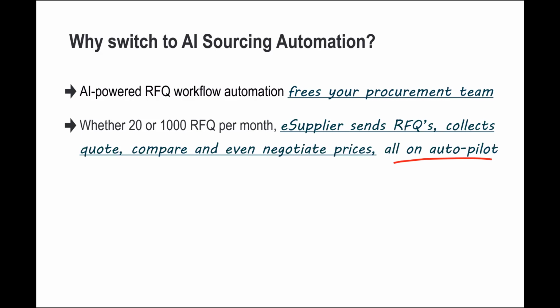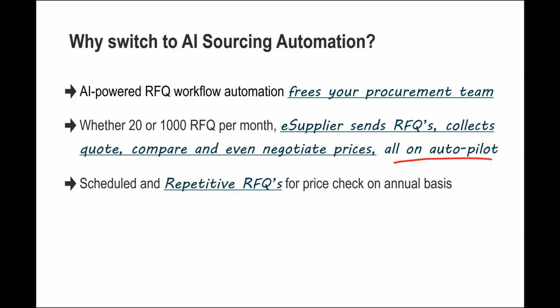Whether 20 RFQs a month or 100 RFQs a month, eSupplier software sends RFQs, collects quotes, compares, and even negotiates prices on behalf of the buyer. And the beautiful thing is it's all on autopilot. So you create the RFQ, you leave it, and automation takes over from there till the final output, that is price negotiation.